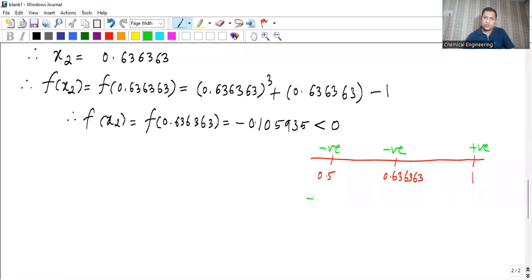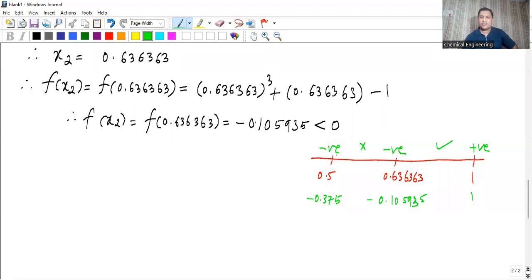This was 0.375, this is minus 0.105935 and this is 1. Can you tell me where the root will lie? Between 0.636363 and 1.